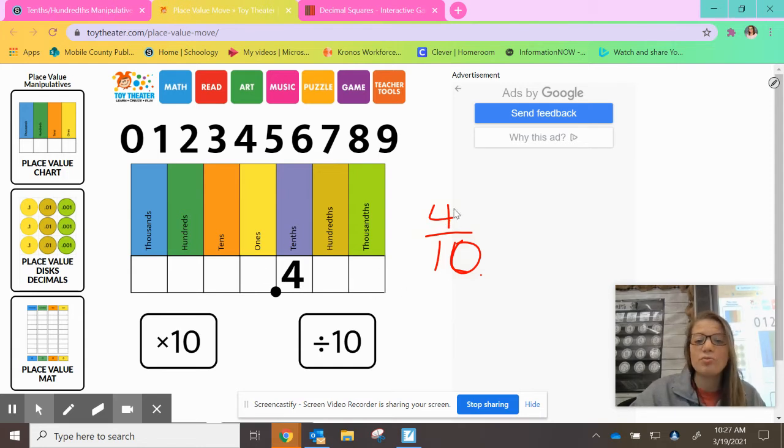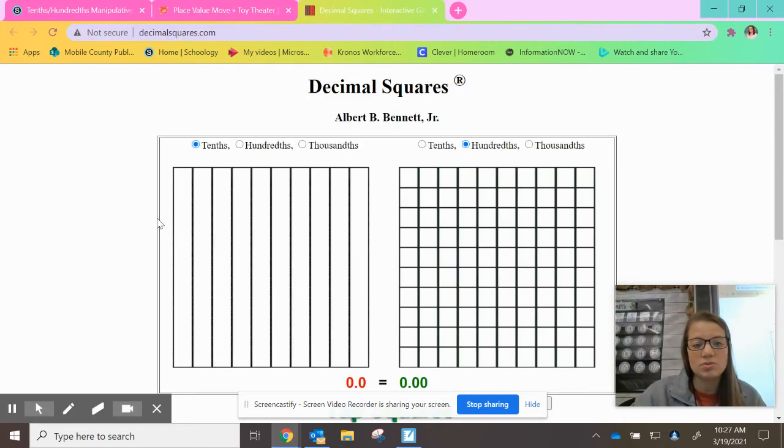So 4 tenths, the 4 is in the tenths place. And then as they continue to move to the right on the place value chart, they move into their hundredths place, because hundredths are 10 times smaller than tenths. And they've already seen that as we talk about 4 tenths, 4 hundredths would be 10 times smaller than 4 tenths.